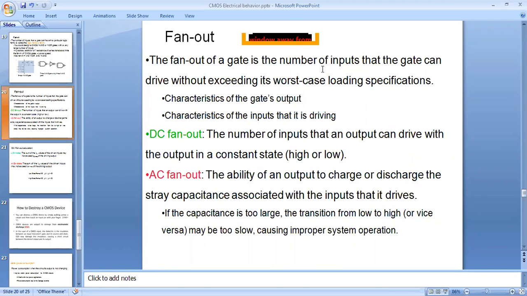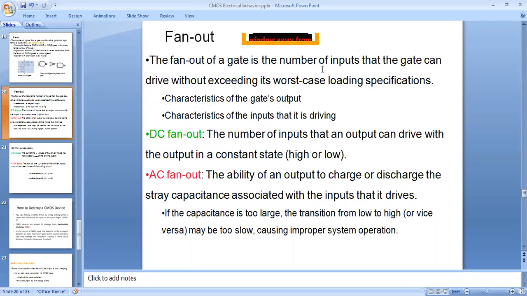Fan out is the number of inputs which are driven by the circuit without disturbing the output loading specifications. So in our example, if the CMOS output is directly connected to the TTL input, and the TTL has 2 inputs, then the fan out for our CMOS is considered as 2.